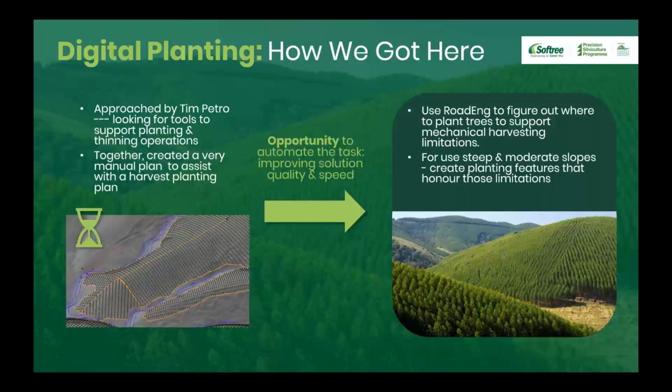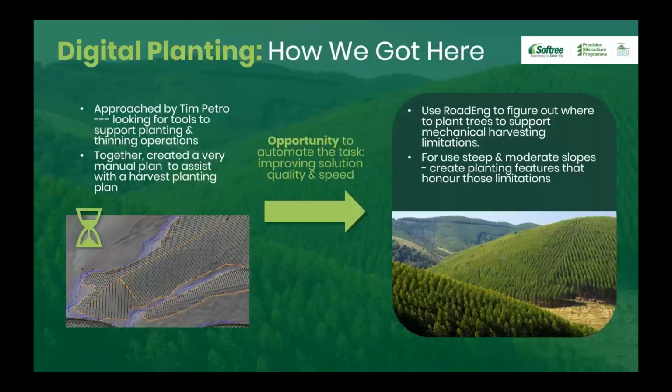Together we worked with Tim to create a very manual plan to assist him with some of his harvest planting. So this was done manually in the software with a little bit of a painful process, which made us think there certainly is some opportunity here to automate that manual, and I'm going to say rather painful, process that we went through. I think it took like 12 hours, a large amount of time.